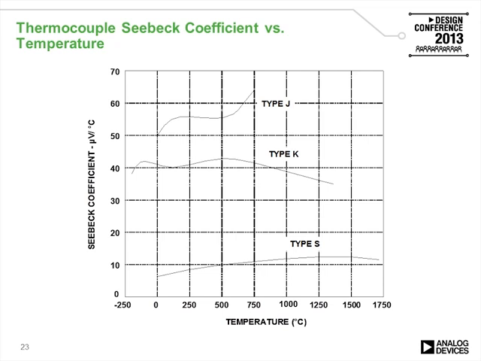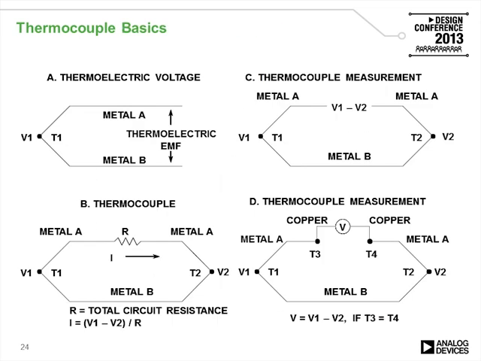The output, which is known as the Seebeck coefficient or the microvolts per degree C, is fairly low. It's also nonlinear, and we need to have ways to compensate for that. The way that they work is that they're essentially a small battery, which produces a thermoelectric EMF, which is what a battery does, and that changes with temperature.